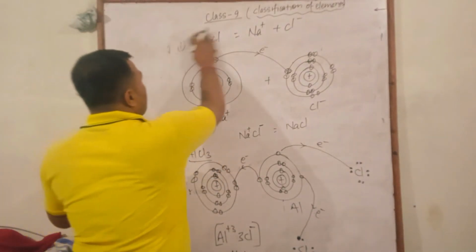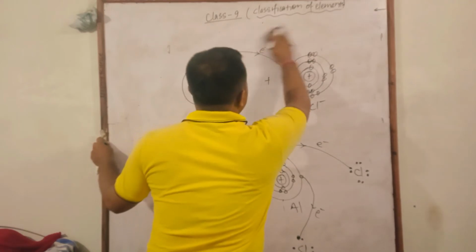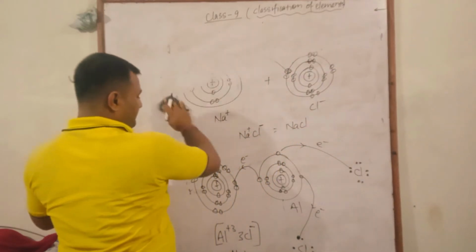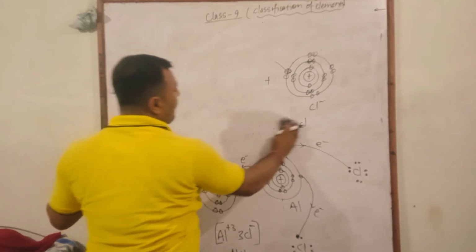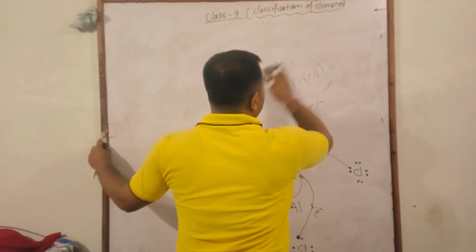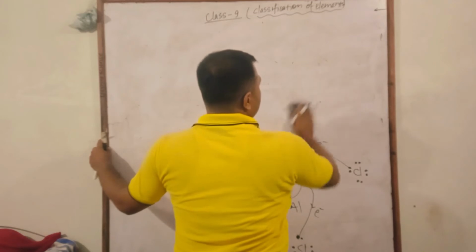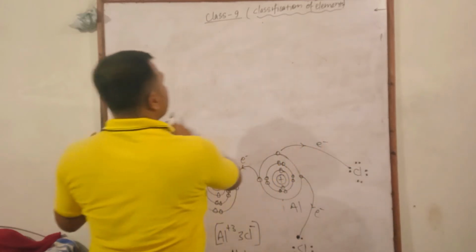The compound which has an electrovalent bond in it, or the compound in which an electrovalent bond is present, is called an electrovalent compound.